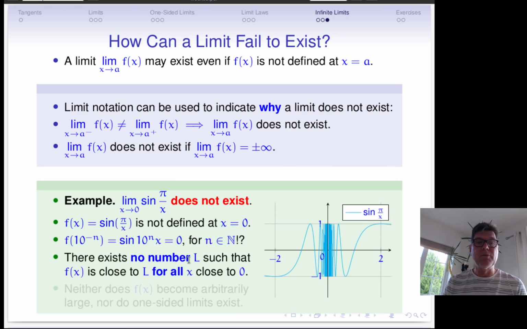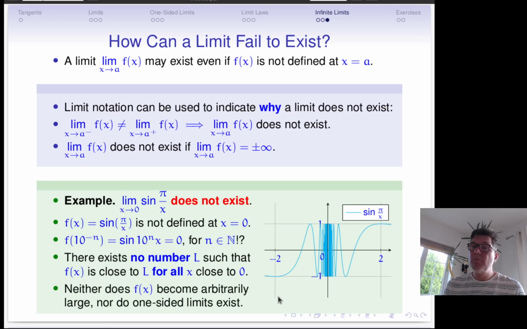There is no number L such that f of x is close to that number for all x close to 0. Neither does f of x become arbitrarily large, positive or negative, nor do one-sided limits exist. So here's an example where the limit genuinely doesn't exist. That's it for now. Next week we'll look at continuity.